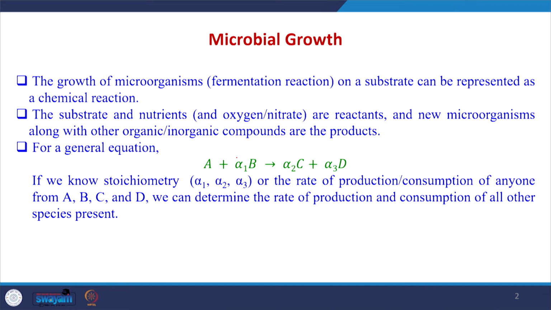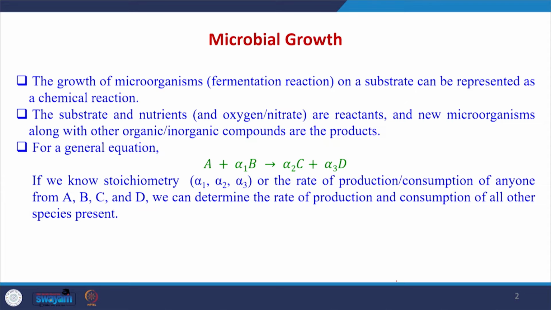For the reaction given here, these are alpha 1, alpha 2 and alpha 3, and if we know the stoichiometry, that means these coefficients, and the rate of production or consumption of any of the raw materials or products A, B, C, D, then we can find out the rate of production and consumption of all other species present in that particular reaction.